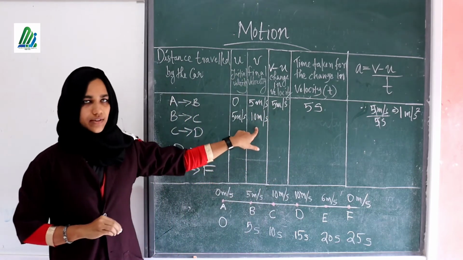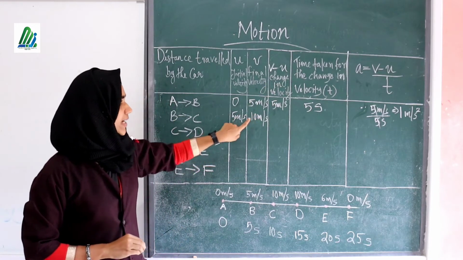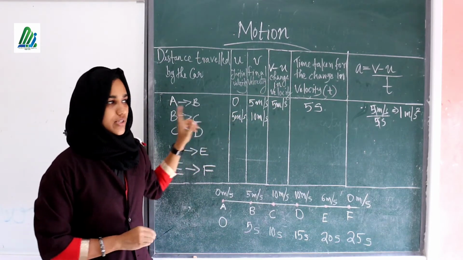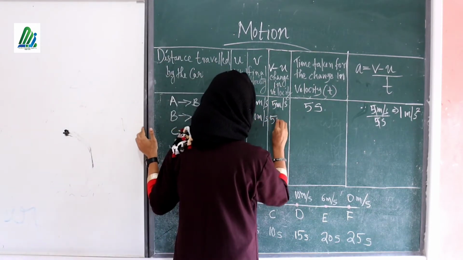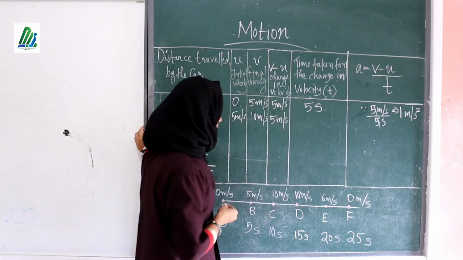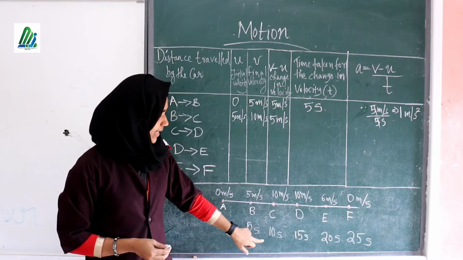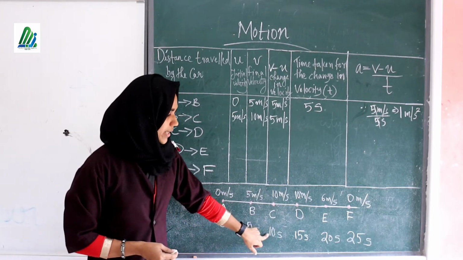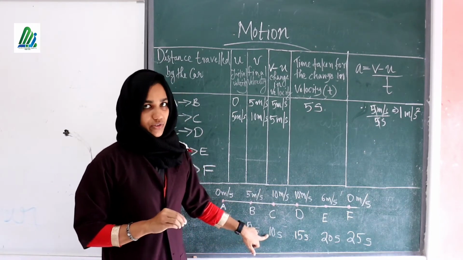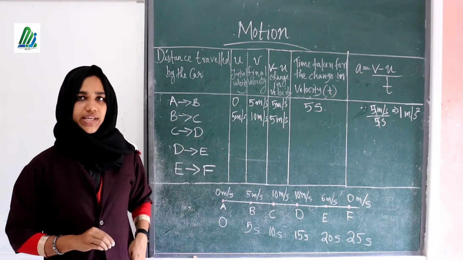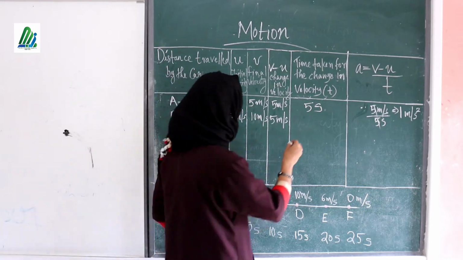Is it clear? Then v minus u is 10 minus 5, that is 5 meter per second. Your time taken from B to C: here 10 seconds and here 5 seconds, so we subtract, 10 seconds minus 5 seconds, that is 5 seconds.